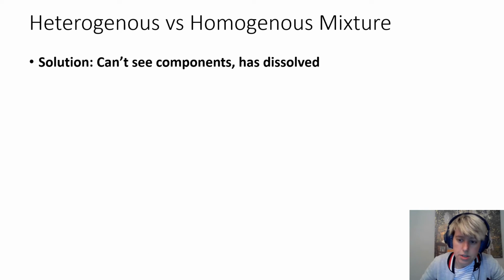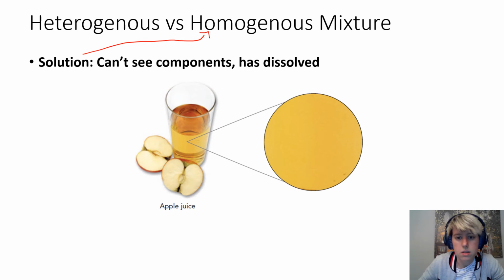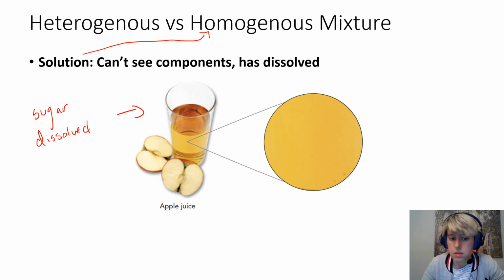Whereas a solution, again, is a type of homogeneous mixture, but I cannot tell the components apart even if I'm looking at it underneath a microscope, because one substance has dissolved in another substance. An example would be apple juice. I know that I have sugar that is dissolved, but just by looking at it, I would not be able to distinguish it.